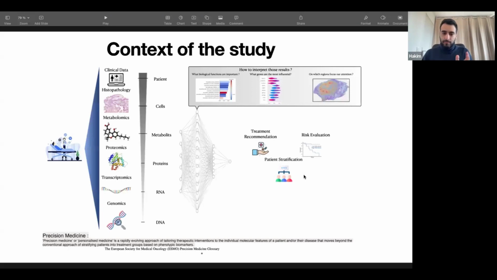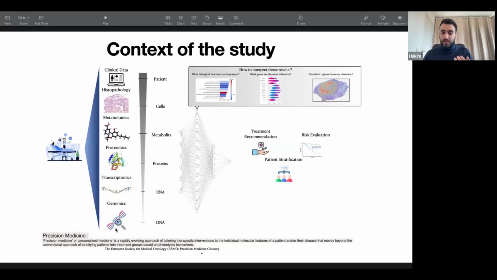So first, a little bit about the context. It's about using multiple data sources to do precision medicine, precision oncology, so for treatment recommendation, risk evaluation, or for example, patient stratification. Here we have different types of data, going from genomics to histopathology or clinical data.